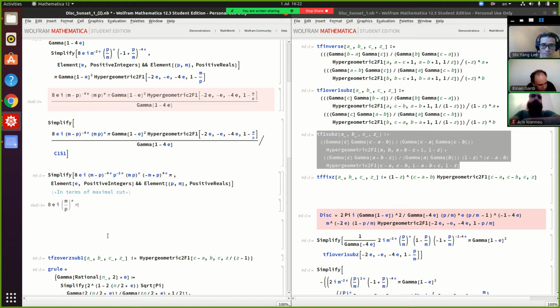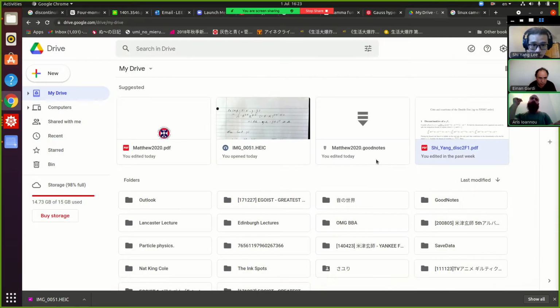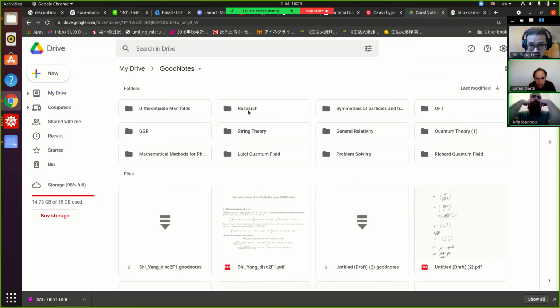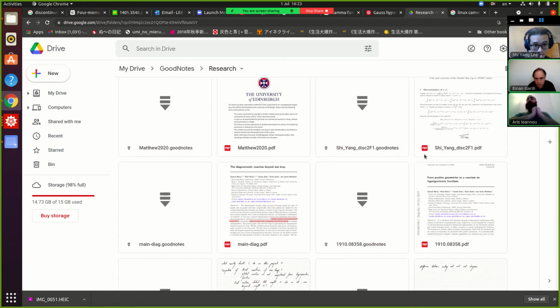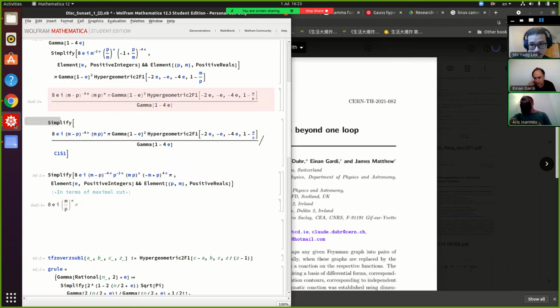Okay, how do we define this maximal cut? So is this the maximal cut at leading order in epsilon, or the maximal cut? It's the basis function for the maximal cut space for the sample. I understand. Yeah.